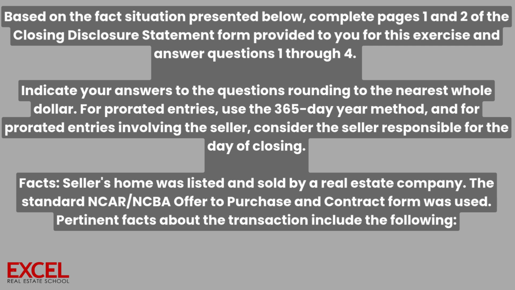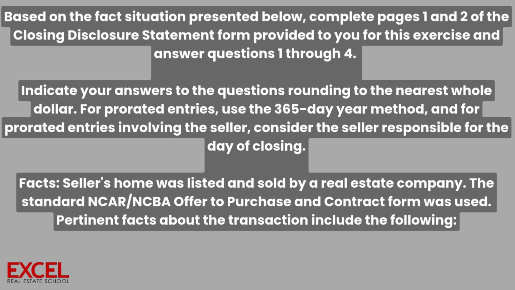Indicate your answers to the questions rounding to the nearest whole dollar. For prorated entries, use the 365-day year method, and for prorated entries involving the seller, consider the seller responsible for the day of closing.